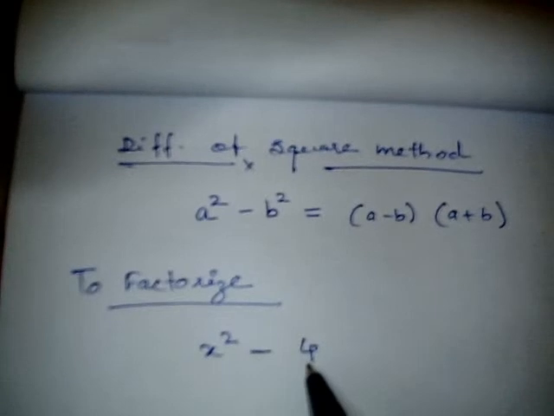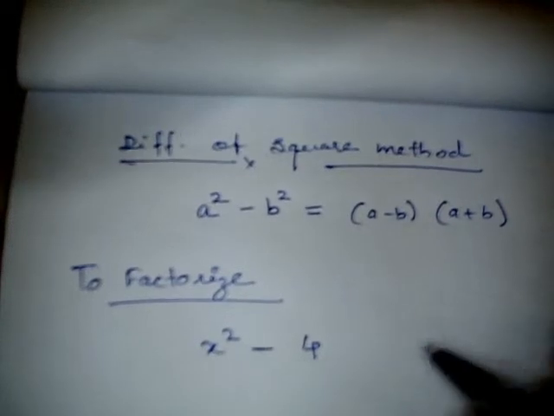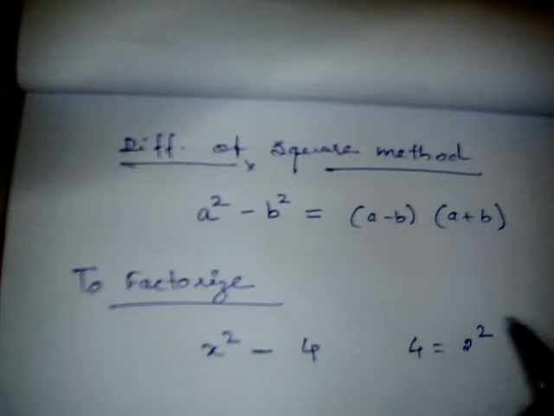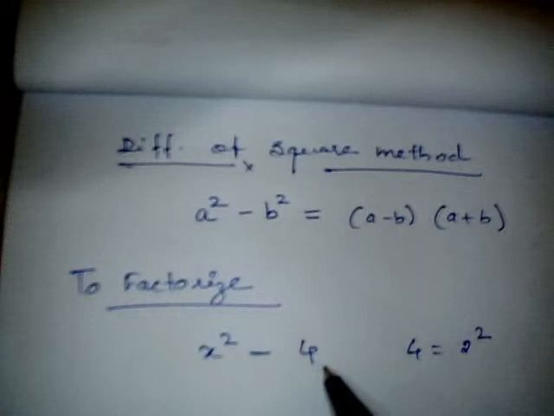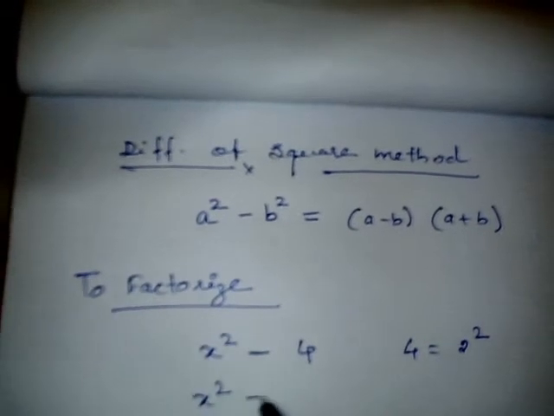So I need to convert it into the form of b square. 4 is the square of which number? I can write 4 equals 2 square. If it is not given in square form, we need to convert it. So I am going to convert it to x square minus 2 square.